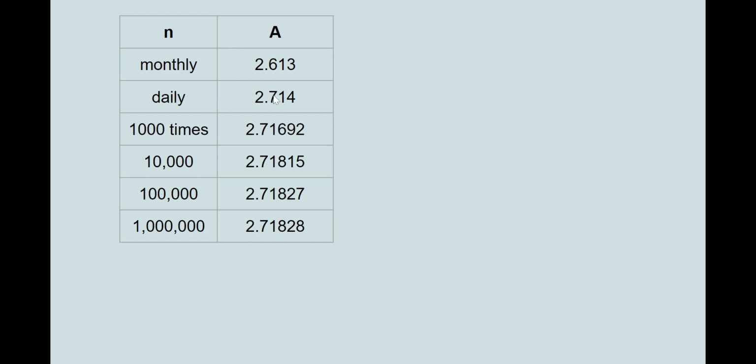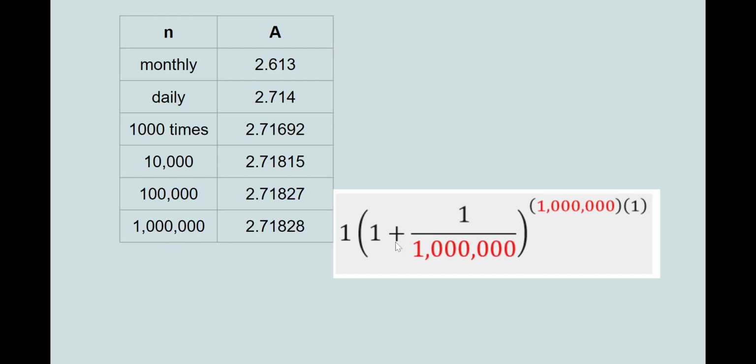Daily would be $2.71, and so forth and so forth. 1,000 times a year, 10,000 times a year, 100,000 times a year. How many times can we compute the interest on the principal? This is 1,000,000 times a year, with a 1 million in those two N positions.